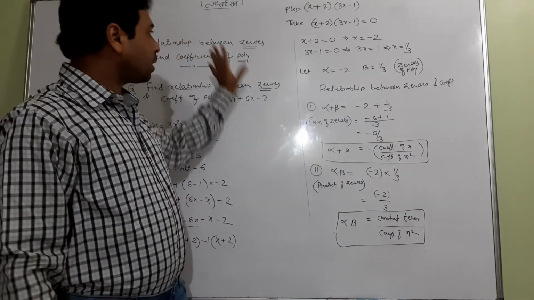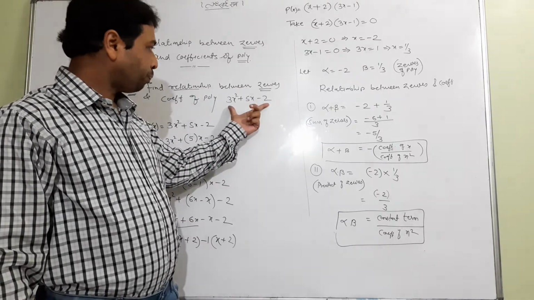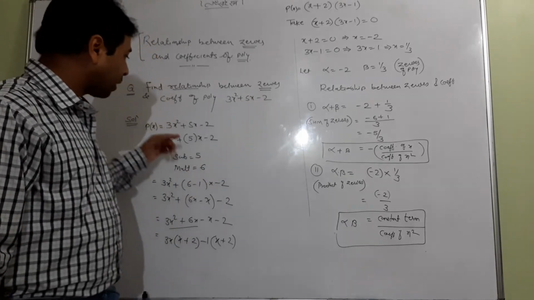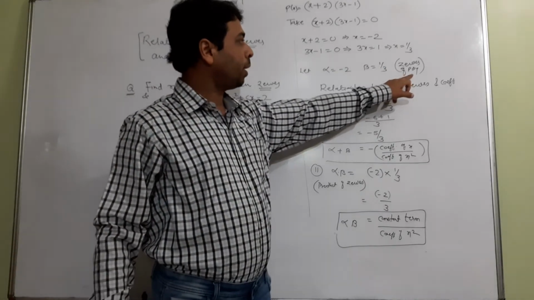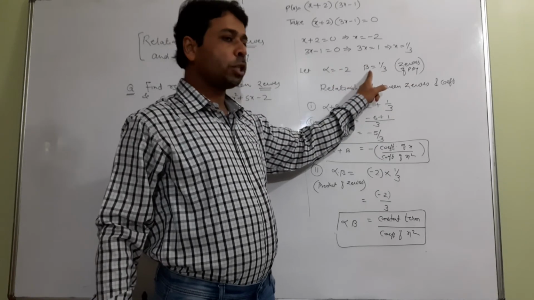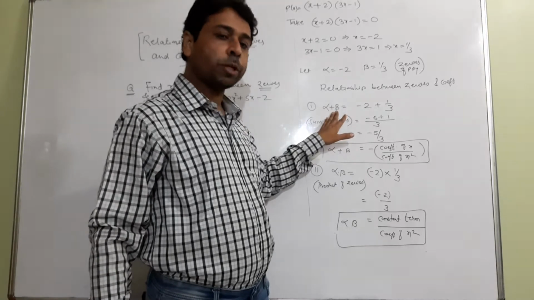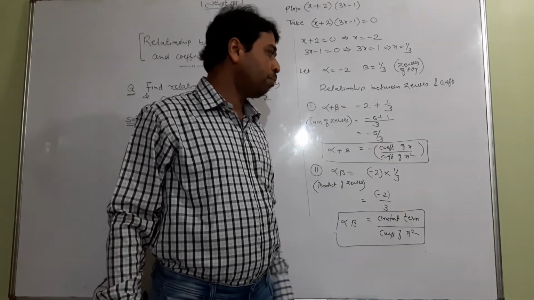So in all such questions, whenever you are provided any quadratic polynomial, you first have to factorize it by middle term splitting, find its zeros, name the first alpha and second beta, then find the relation. How to find the relation? First alpha plus beta and second alpha into beta. Only these two things are very important.